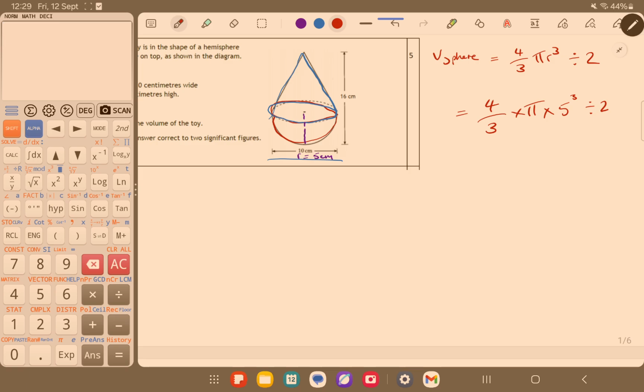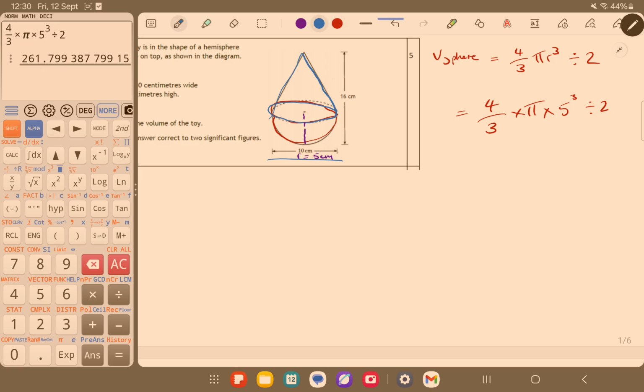On my calculator, I'm going to use the fraction button. I'm going to do 4/3 times pi times 5 cubed, and then I'm going to divide that final answer by 2. Because we want our final answer to 2 sig figs, I'm just going to put all of that into my calculator.